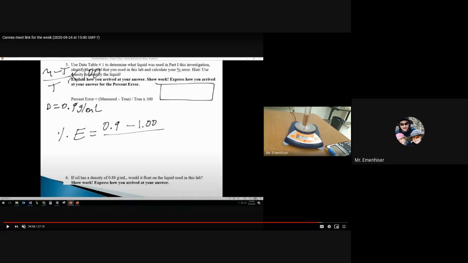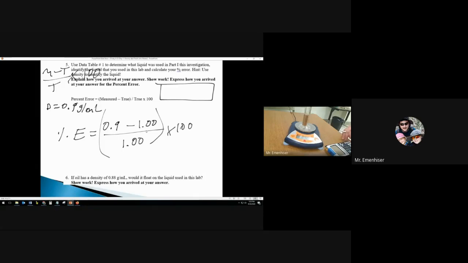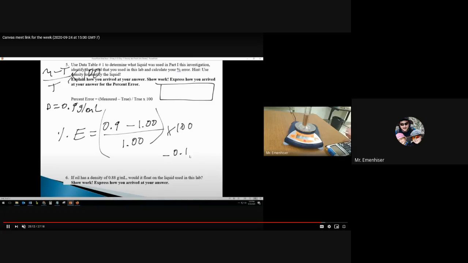And I'm giving you guys that. The true value for the density of this liquid is 1. It just is. And then 1 on bottom. So 0.9 minus 1 is minus 0.1. Don't know why I needed a calculator for that. Minus 0.1 divided by 1 is still minus 0.1.